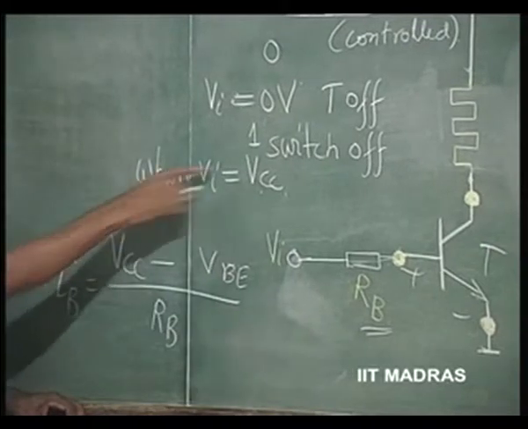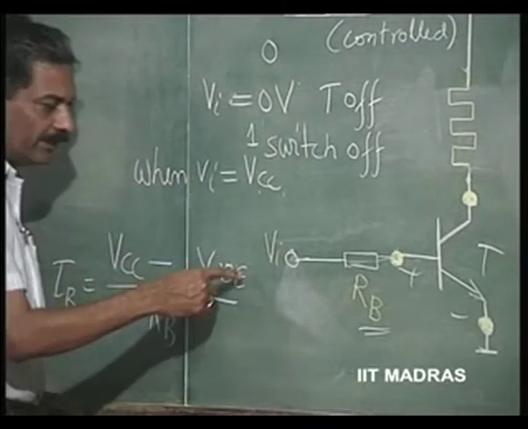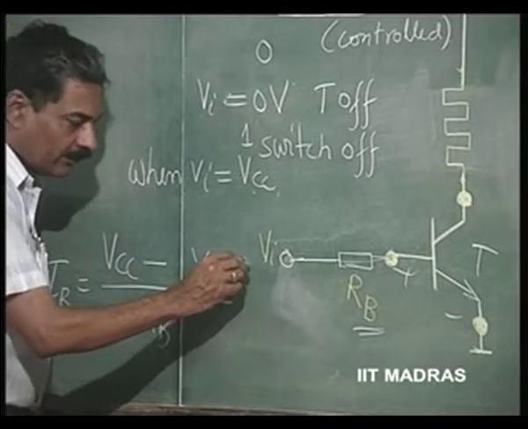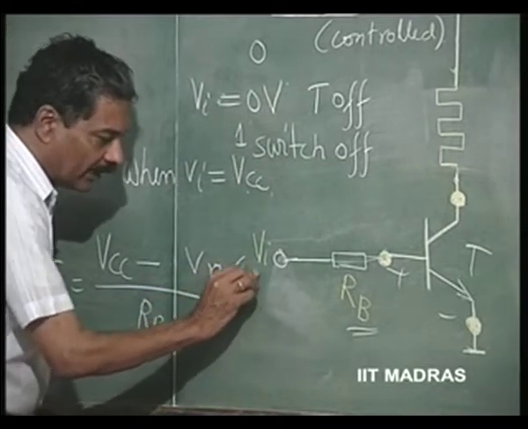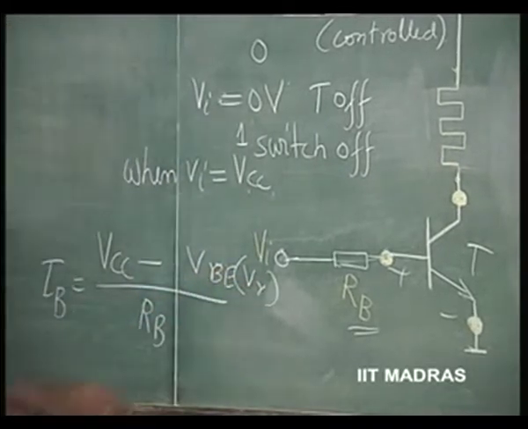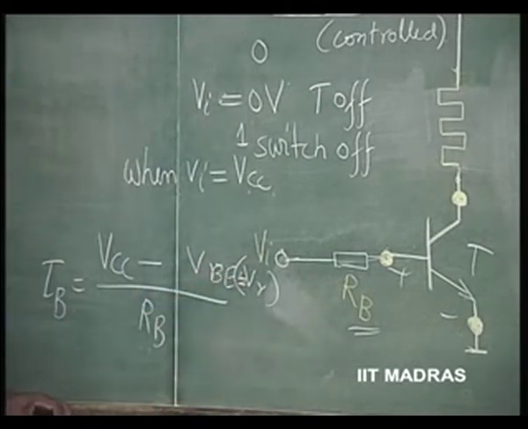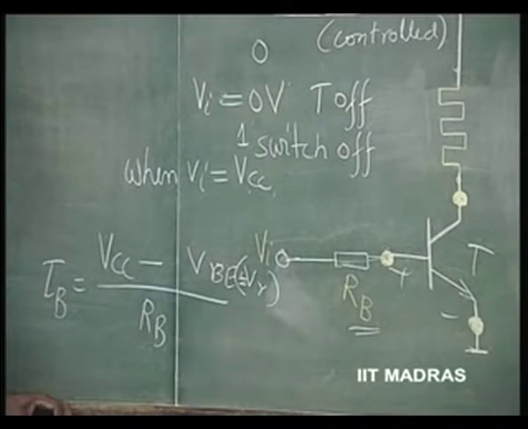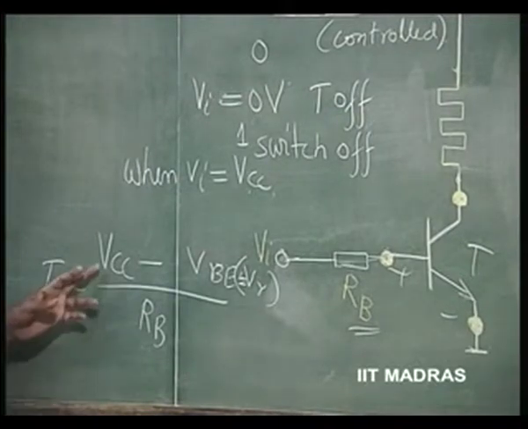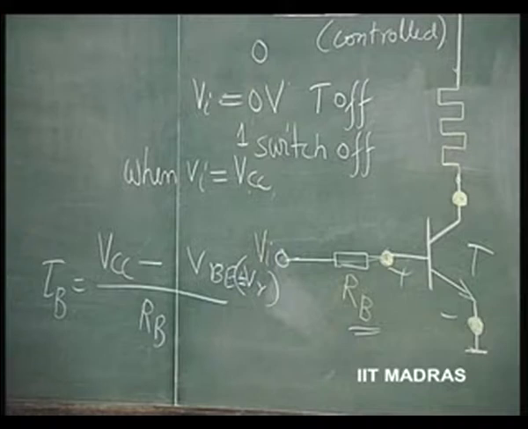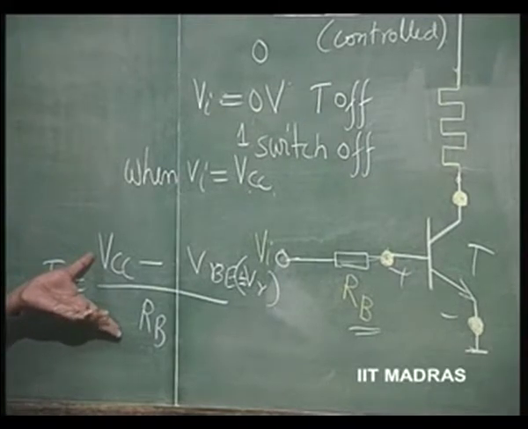When Vi is equal to Vcc, Vcc minus Vbe, Vbe is of the order of 0.5 to 0.6, so V gamma. So, Vcc minus Vbe by Rb is the current. So, you can fix the current at any satisfactory value.